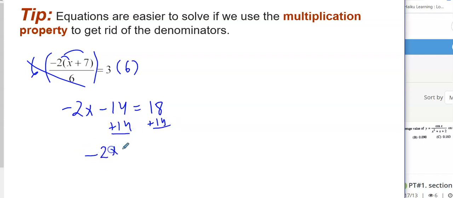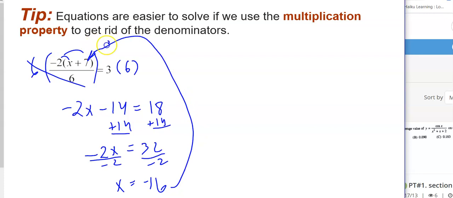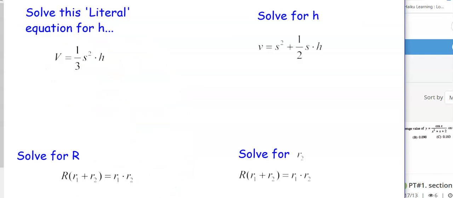Get negative 2x equals 32. Divide by negative 2. Show your work, and you get x equals negative 16. To be sure, especially when you have denominators, check your answers. You could plug it back in for x and make sure that you have the right answer.